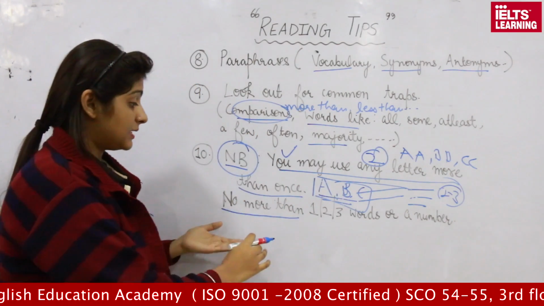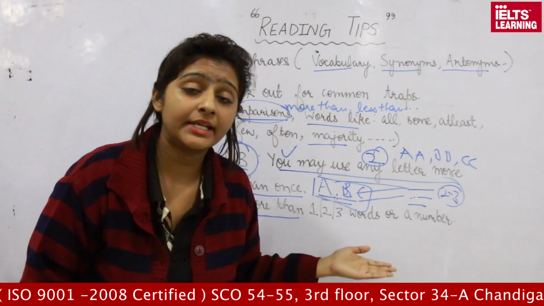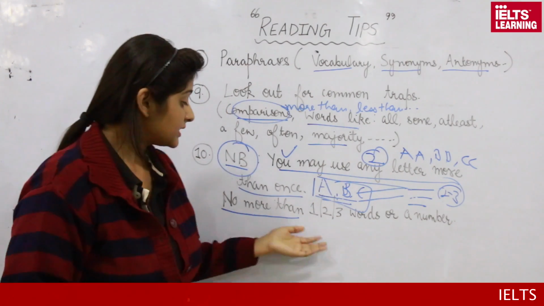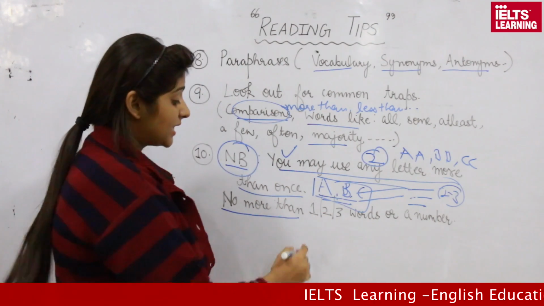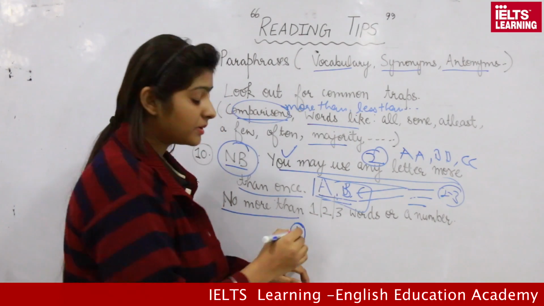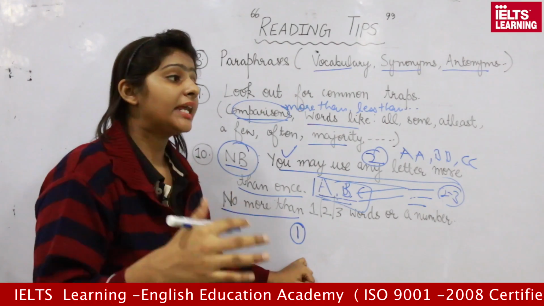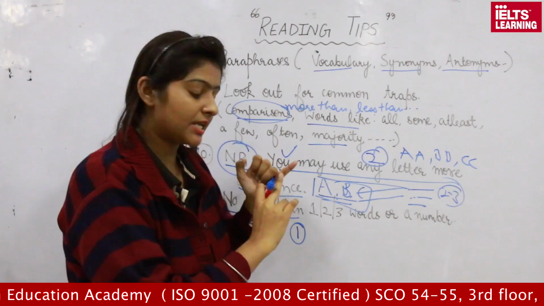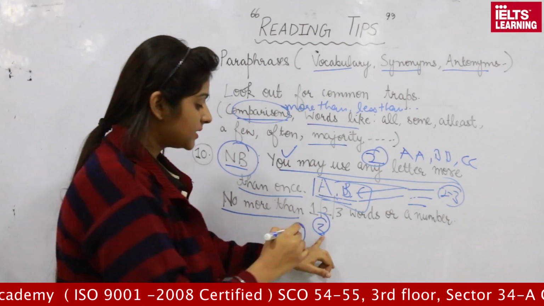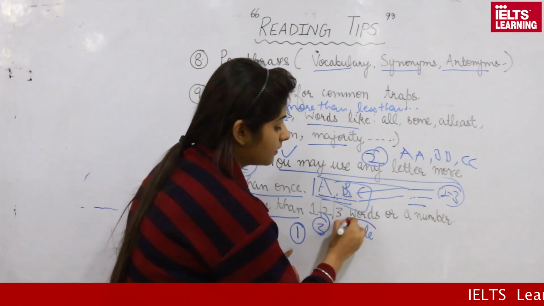Always keep in mind that you have to go with the word limit provided in the instructions, that is no more than 1 to 3 words. If it's written no more than one word, that means only one word could be written there. If the answer is, for example, a dining table, there are 2 words, but the limit is 1 word, so the answer would be table.